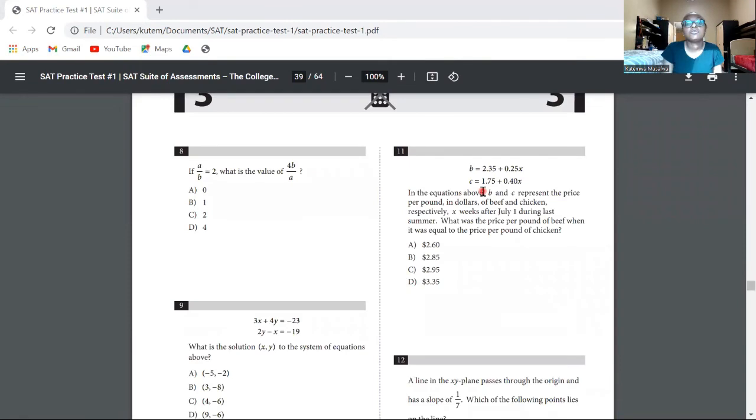We'll skip ahead to number 12 because I know it's coordinate geometry, but it has a very important concept. Then we'll go back to number 9. Number 12 says a line in the xy plane passes through the origin and has a slope of 1/7. Which of the following points lies on the line?